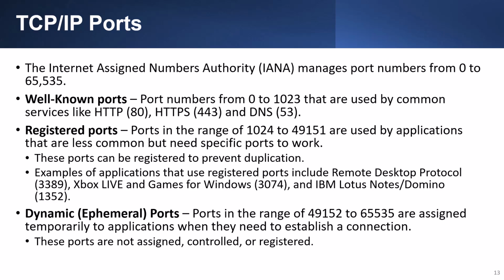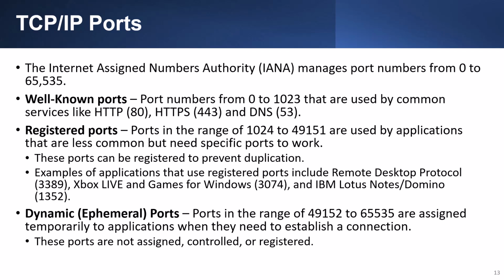The Internet Assigned Numbers Authority manages port numbers from 0 to 65,535. Well-known ports are port numbers from 0 to 1023 that are used by common services like HTTP, HTTPS, and DNS.